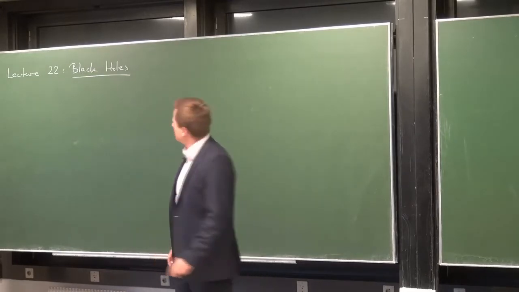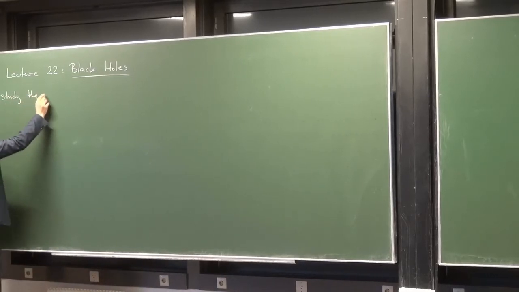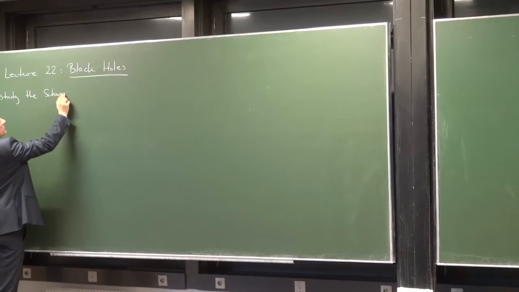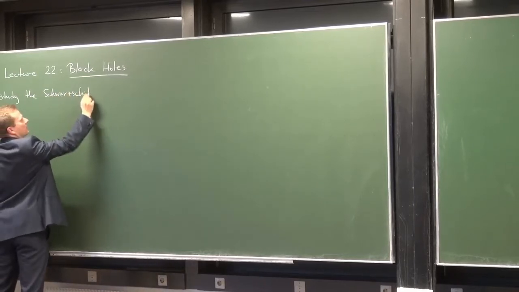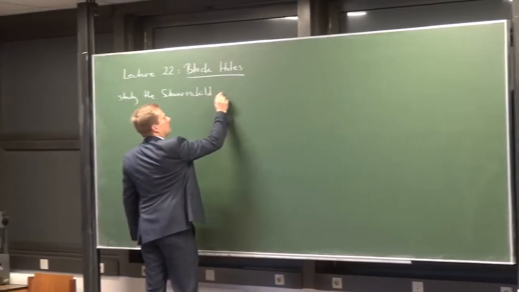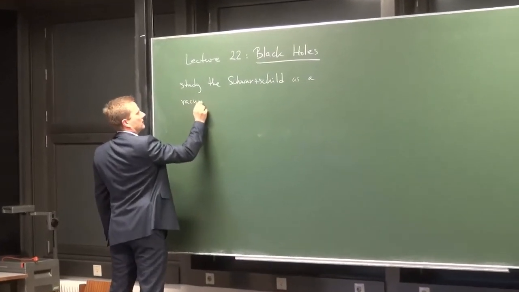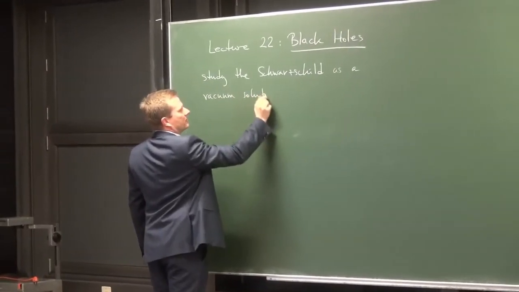Now, what we wish to do in this lecture is to study the Schwarzschild solution. And you saw the Schwarzschild solution, and in fact you verified that it is a vacuum solution of Einstein's equations. You saw this in tutorials, right?